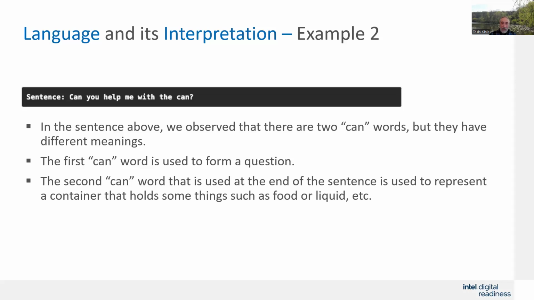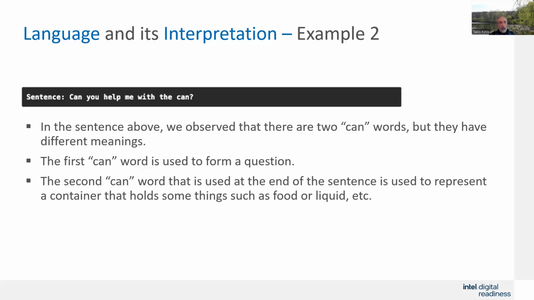So we use that to start a question. The second one is a tangible object, like a soda can or a spray paint can or a can of paint or something like that, which is a container. It's a physical object. It's the same word. They're spelled the same way, depending on how or where you use them in a sentence. How do you differentiate which is which?